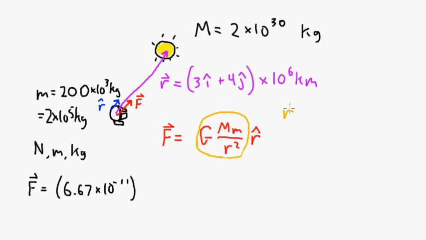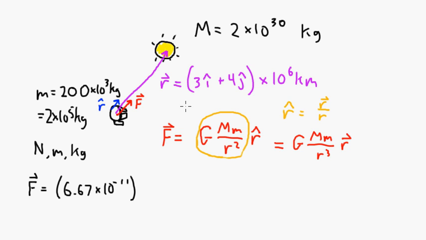Plugging that in, this becomes capital G, big M, little m over r cubed times the r vector. That saves us the step of having to explicitly calculate r hat, as it builds it in. So now we're implementing that equation.